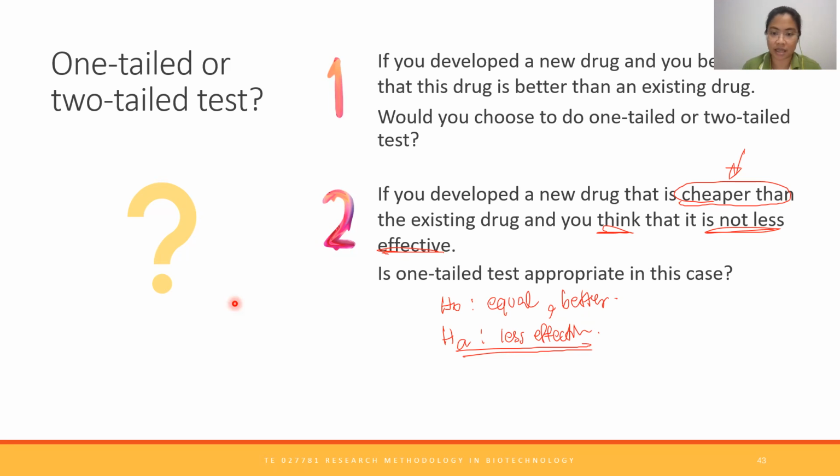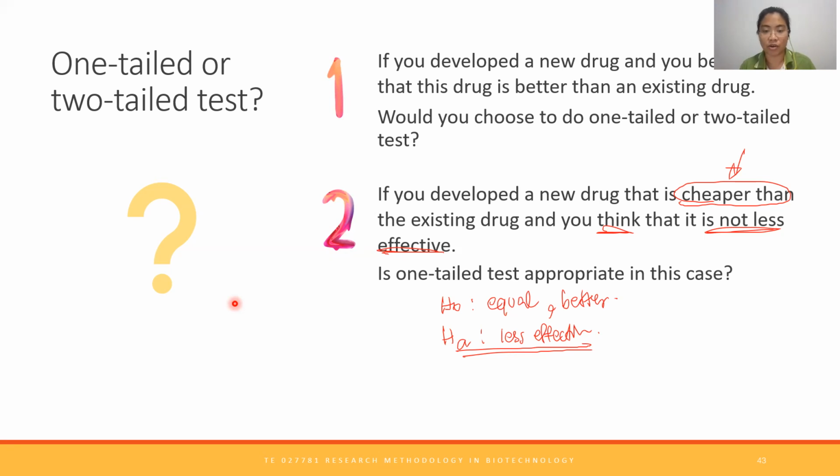So the cheaper in this case says that it's not less effective. I'm going to take it that it is cheaper, so even though it has the same effectiveness, I'll accept it. But the first one says that it has to be better. So it's just the factor to say that even though it is not better, but it is cheaper, I'll accept it.